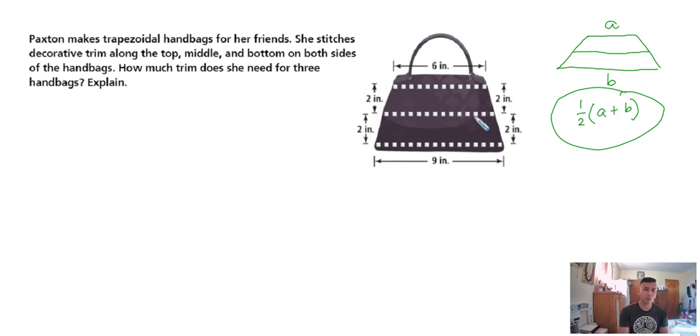First, we have to find the mid-segment, because we have the measurement of the top portion, which is 6 inches, and the bottom portion, which is 9 inches. To find that mid-segment, we have 1/2 of 6 plus 9, let's say this is your A and that's your B, which gives us 1/2 of 15, which is 7.5.